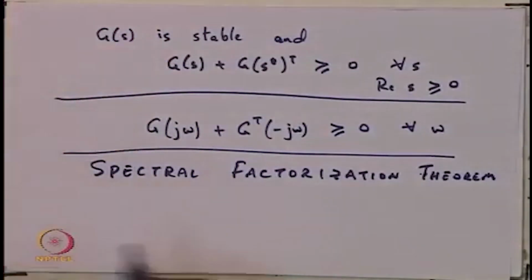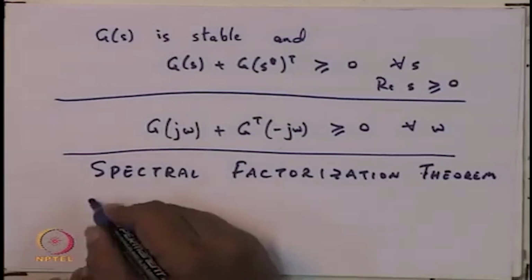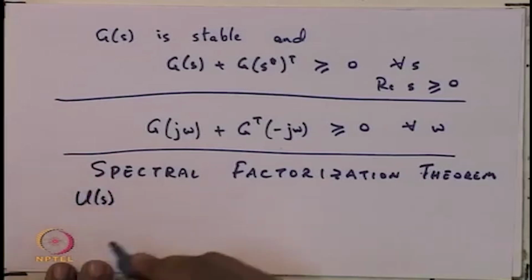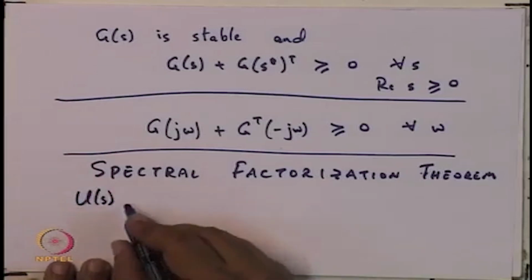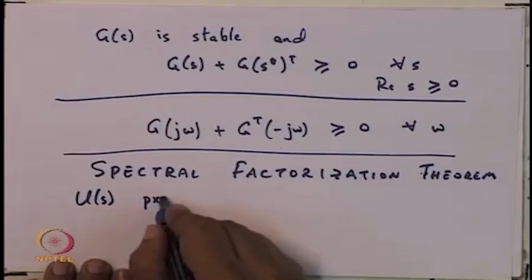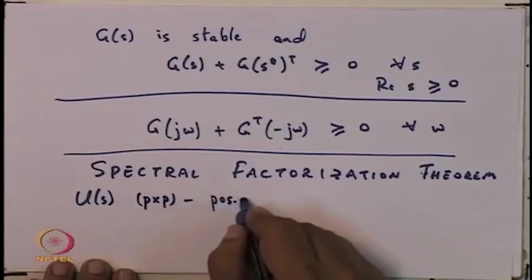Well, it says the following: suppose you have U(s), which is, let's assume, a P cross P matrix which is positive real.